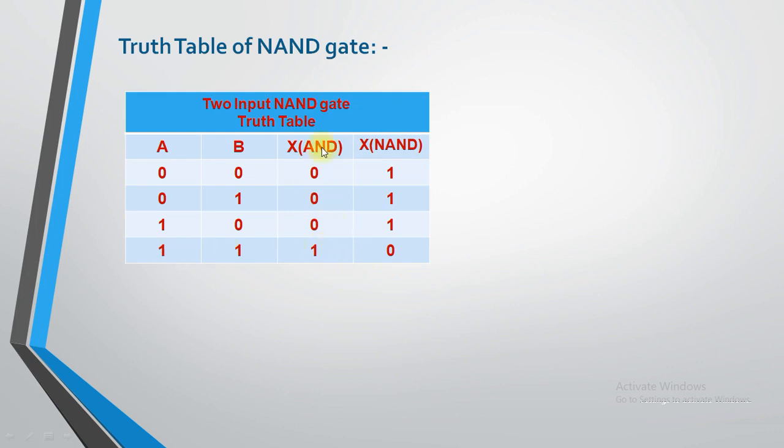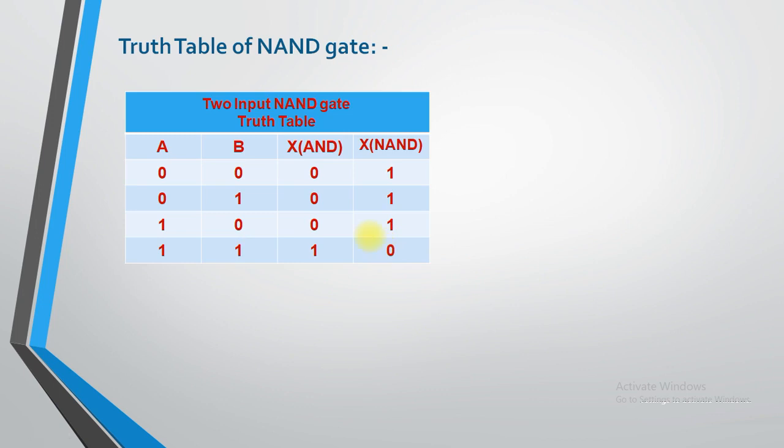The point which we have written is what? When both the input variables are high or 1, at that time you will get 1 in the AND gate. But when you include the NAND gate, it is the opposite of the AND gate. So when both the input signals are 1, you will get 0 as the output.